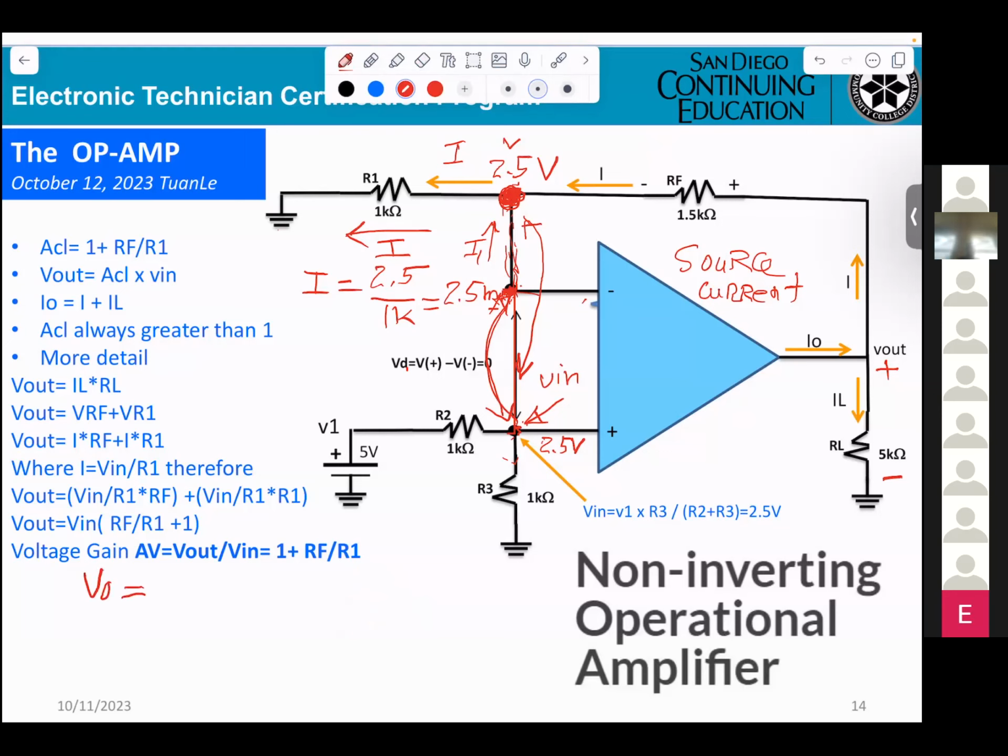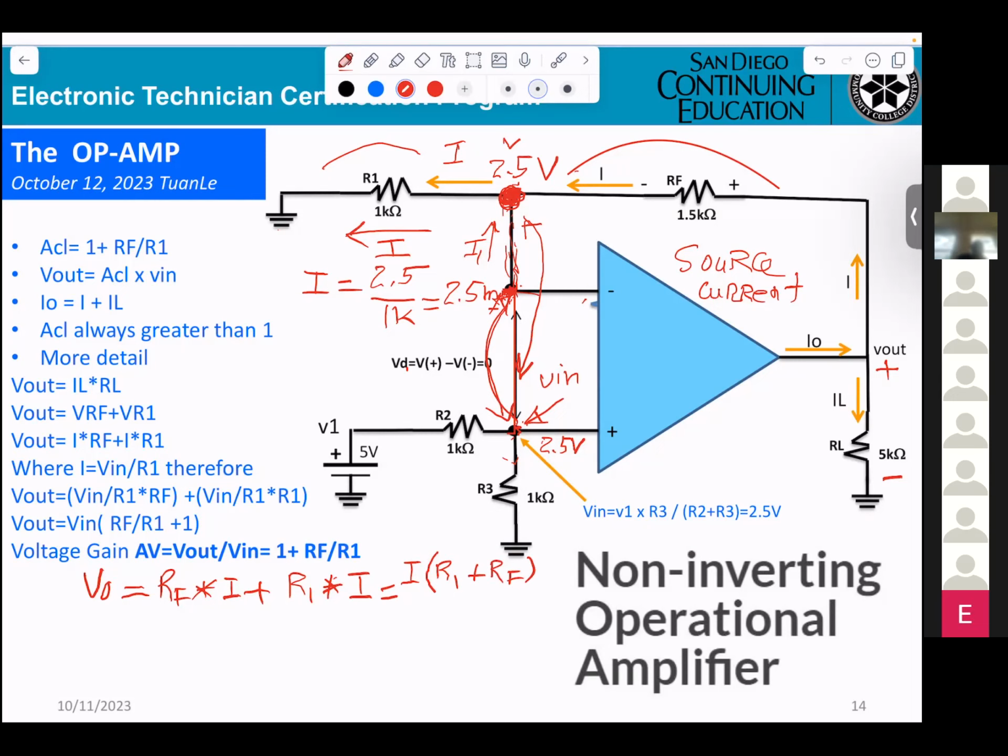V out can be RF times current I, that means the voltage here, plus R1 times I. Or it can be I times R1, that V out.